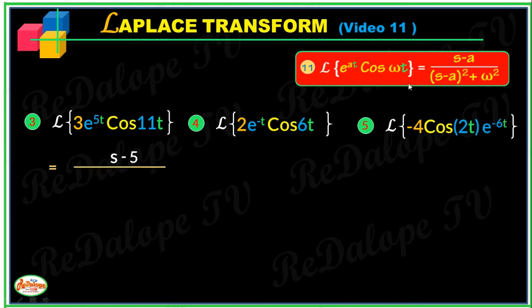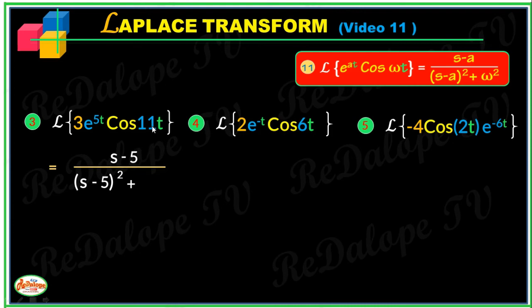Divided by, we have s here, and then the minus sign, and we have a here. A is simplified, and then square it, and then the plus sign, and omega is simply 11.